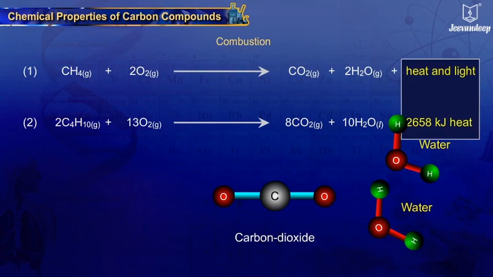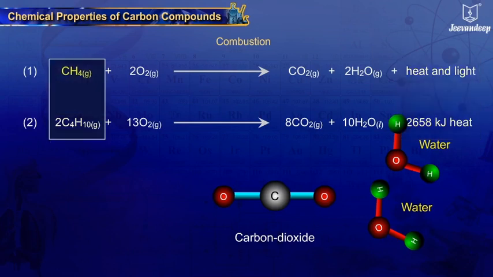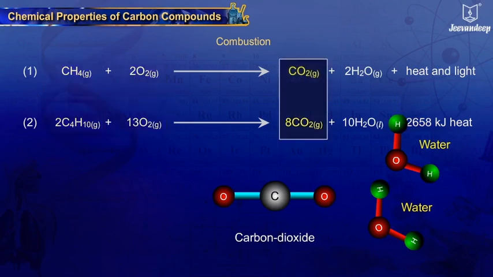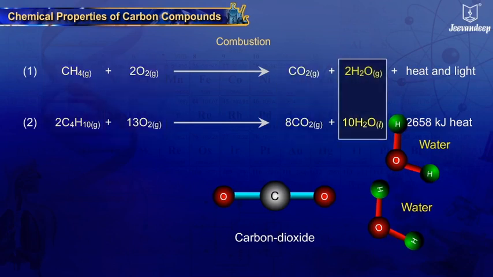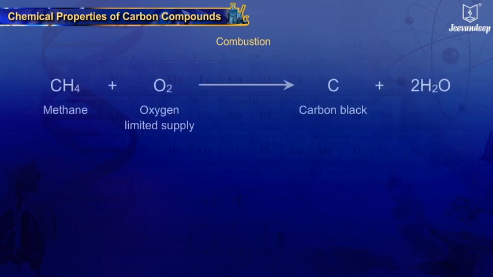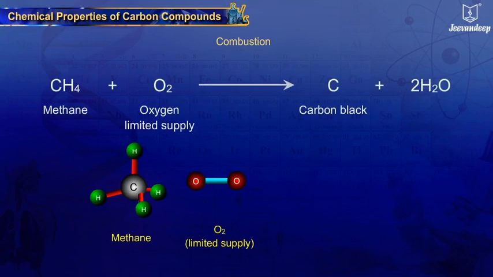For example, methane and butane burns in presence of air to give carbon dioxide and water, liberating a large amount of heat. Incomplete combustion of hydrocarbons gives carbon monoxide, and in a very limited air supply, carbon black is formed from methane.